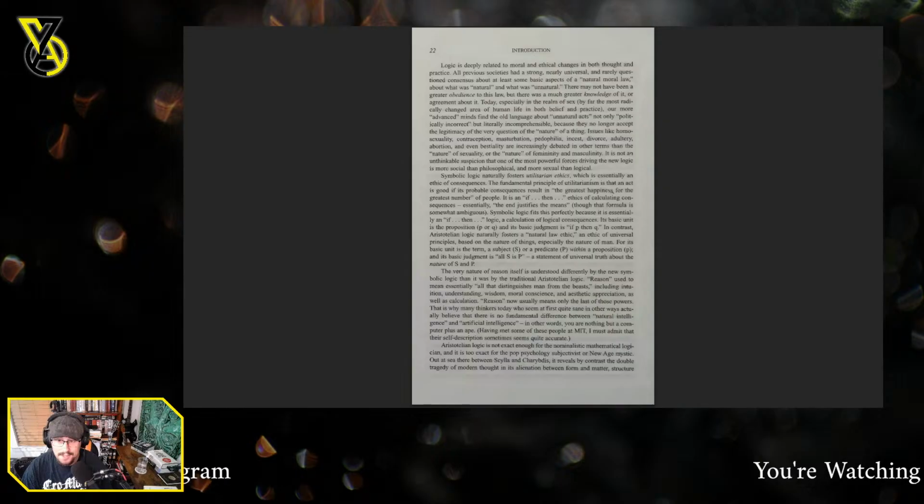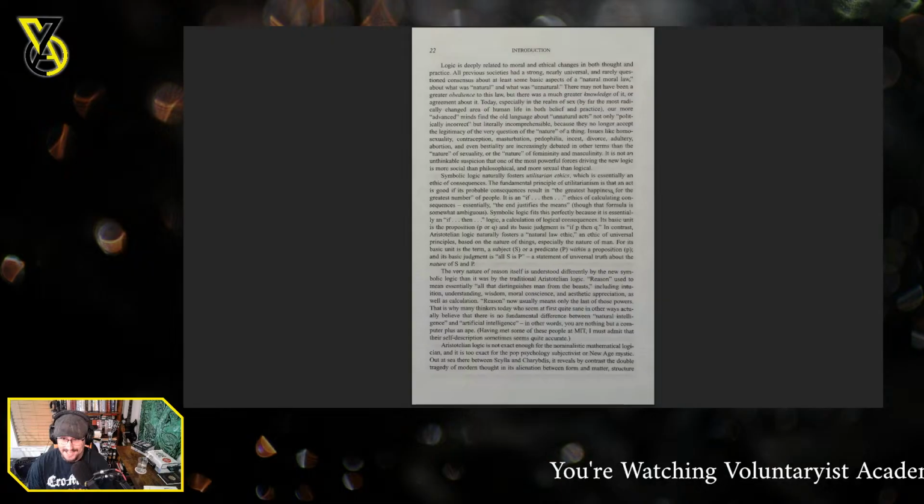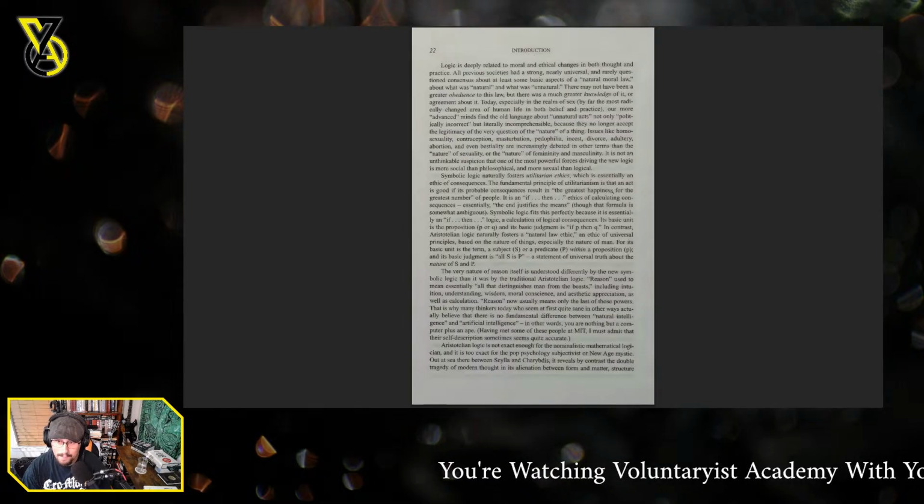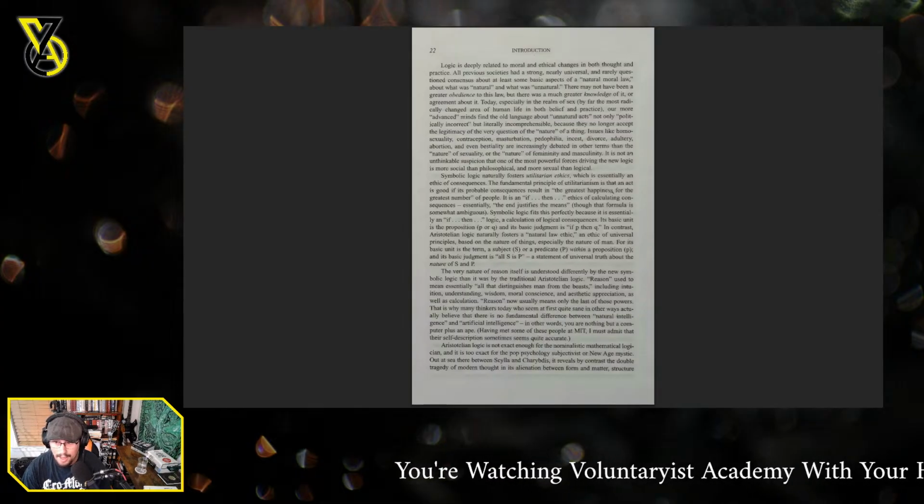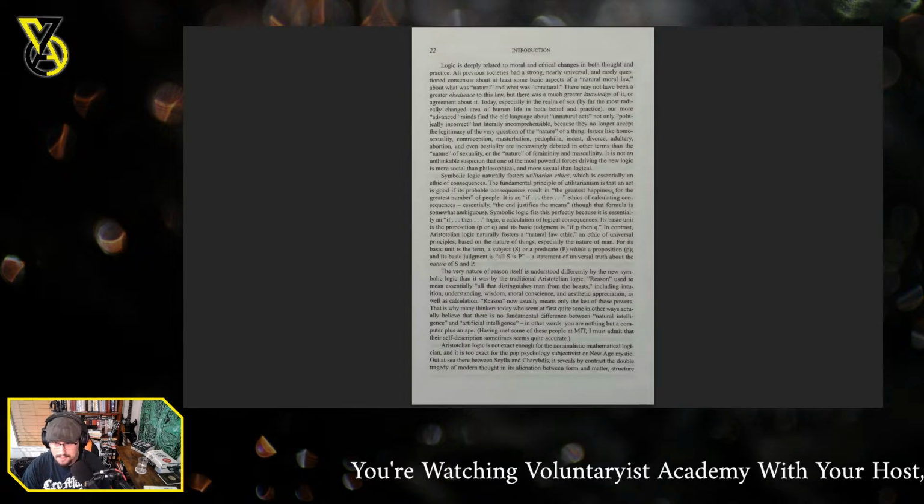It is an if-then ethics of calculating consequences. Essentially, the ends justify the means, though that formula is somewhat ambiguous.